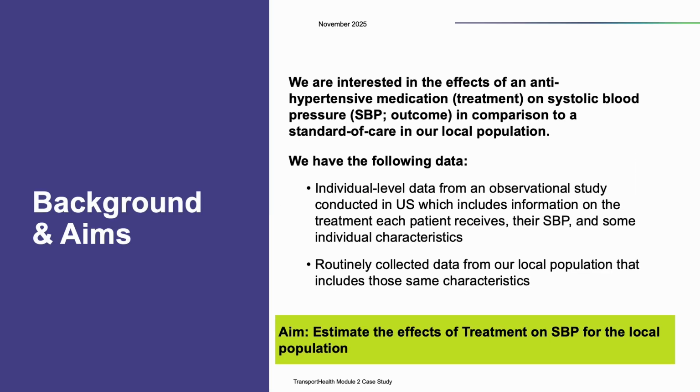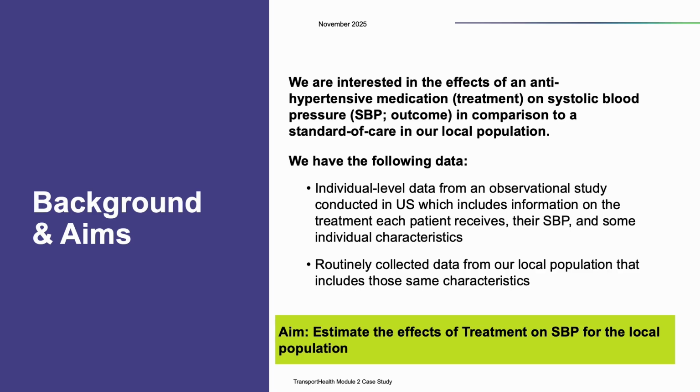So let's contextualize our case study and understand what we're trying to estimate. In this case study, we are interested in the effects of an antihypertensive medication, that's our treatment, on systolic blood pressure, our outcome, in comparison to standard of care in our local population. We have two data sets. The first is individual level data from an observational study conducted in the US, which includes information on the treatment each patient receives, their systolic blood pressure, and some other individual characteristics that might be related to blood pressure or treatment outcome.